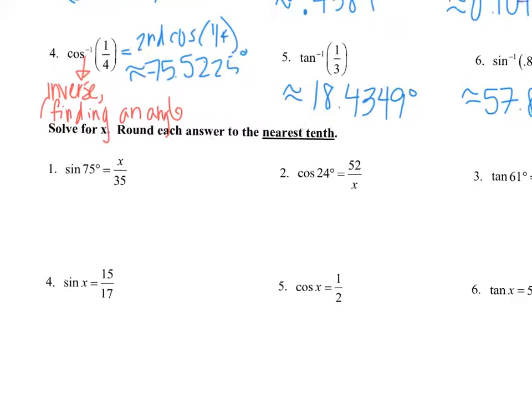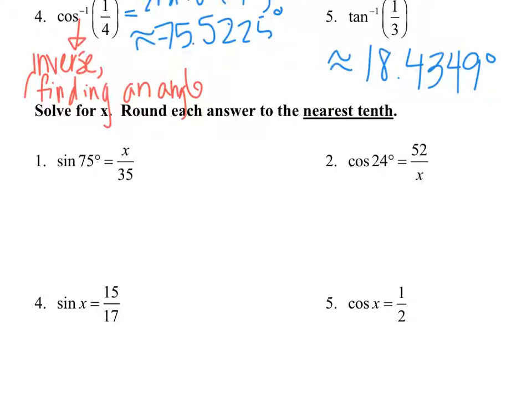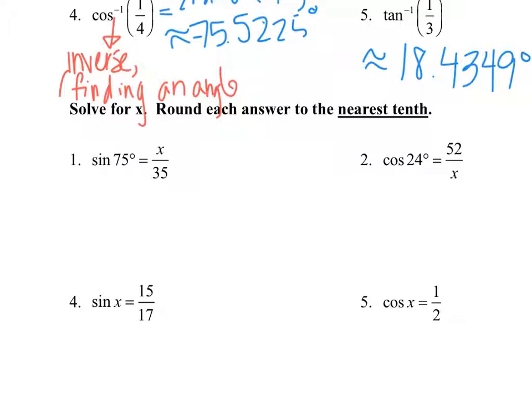All right, so the next thing we're going to do is solve for x. Now notice it says round to the nearest 10th, which means 1 decimal place. So if I want to get x by itself, I'm going to multiply both sides by 35. So I get x to be 35 sine of 75 degrees.